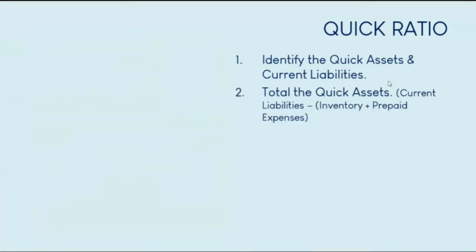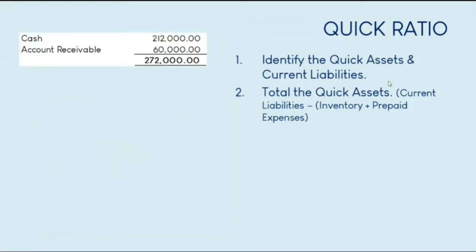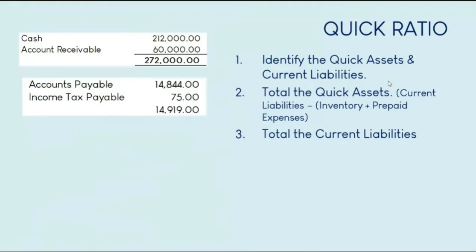Next, we total our quick assets. So 212,000 plus 60,000 is 272,000. And then we total our current liabilities. So 14,844 plus 75 is 14,919.